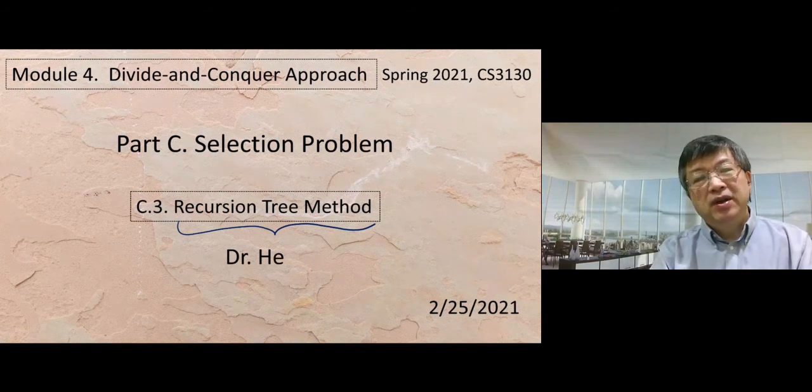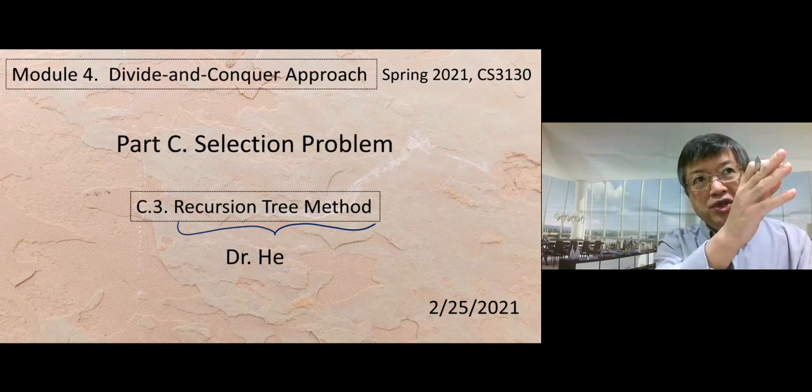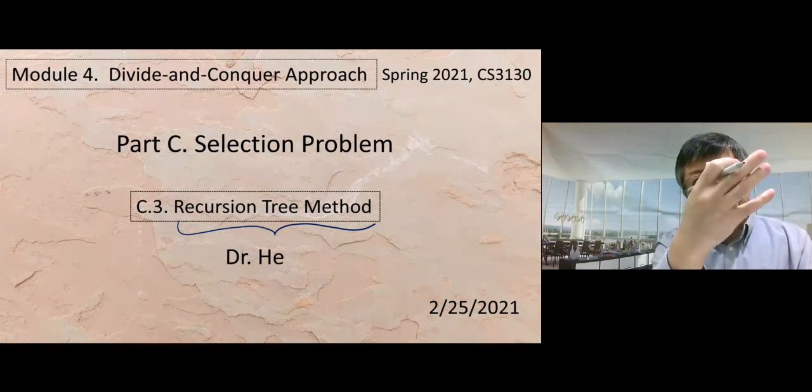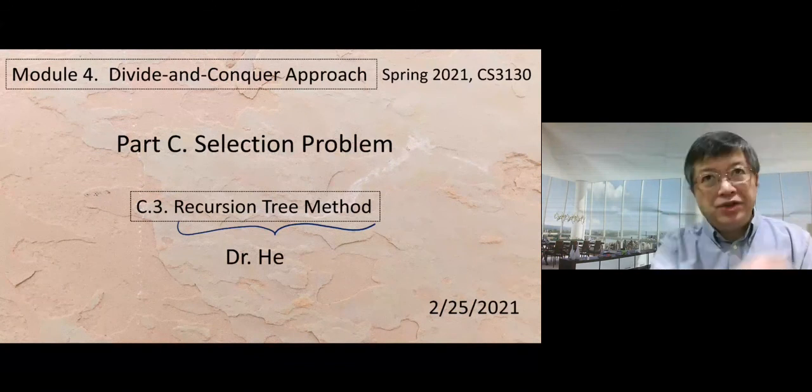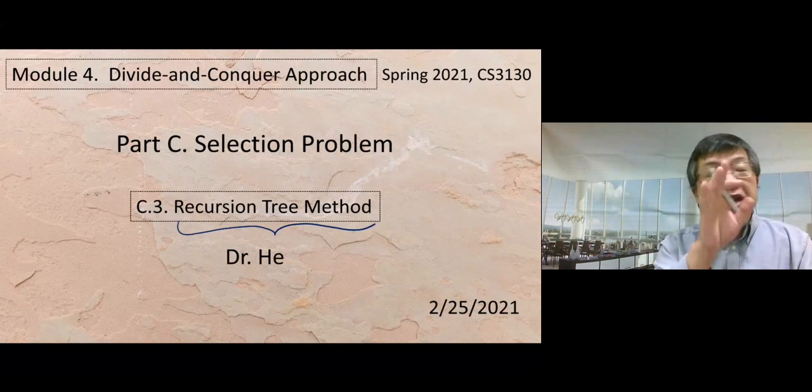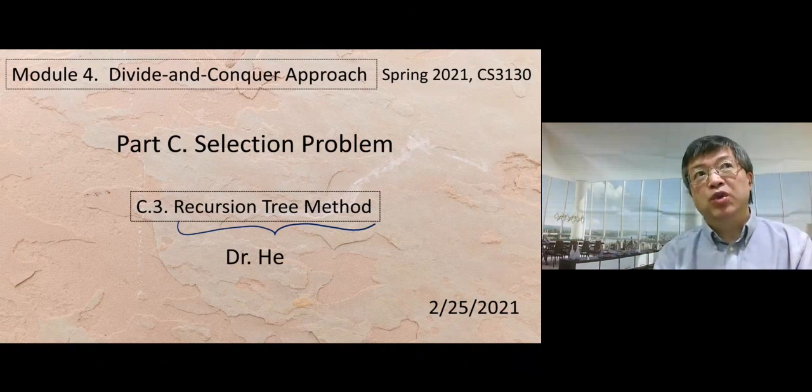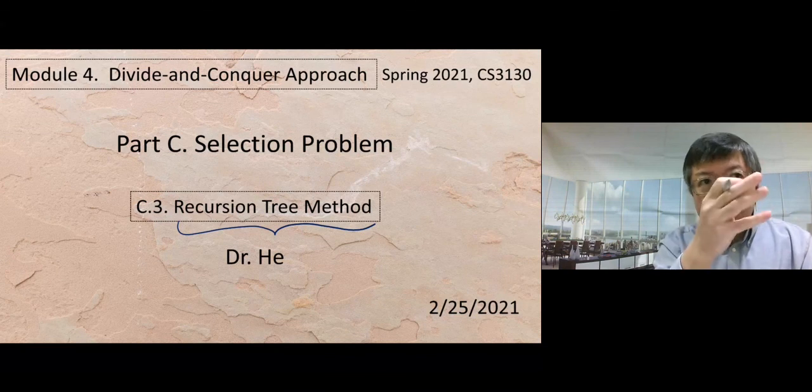Much simpler, but using our computer science analysis, we know we do not need a very precise calculation. So we allow some small errors, small minor terms we can ignore.